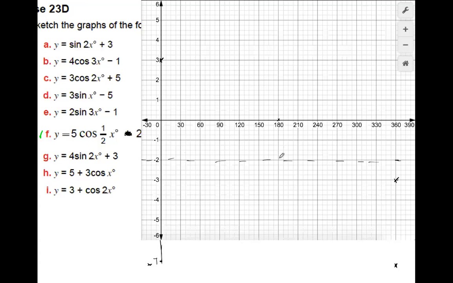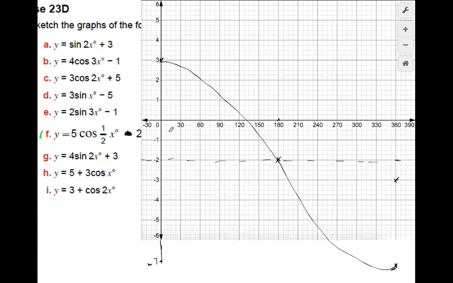And I would pass here at the 180. This is where I would pass by and going back up that way. So technically, 5 cos half of x would just be something like this and going back to there. That's half a period for cos.